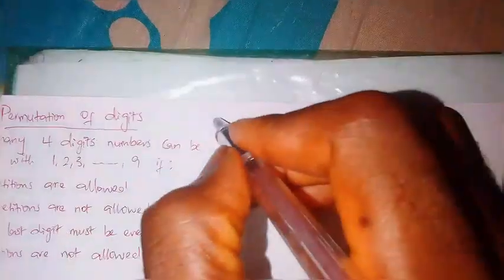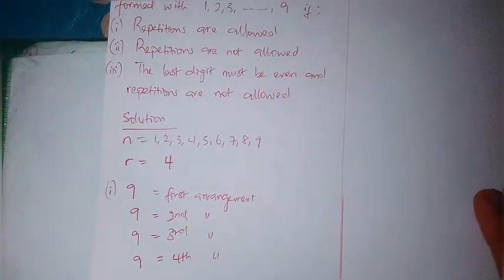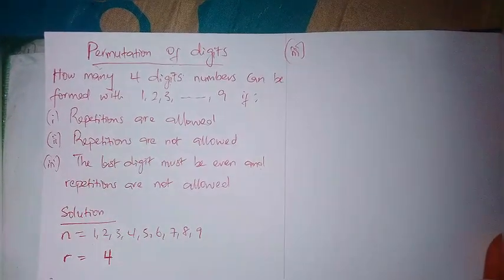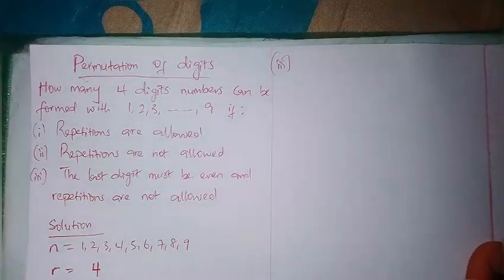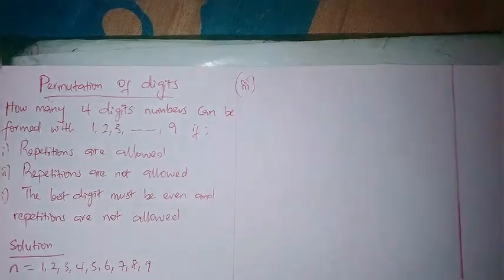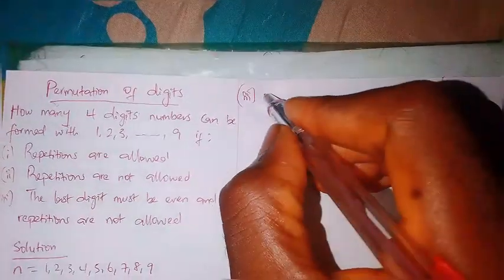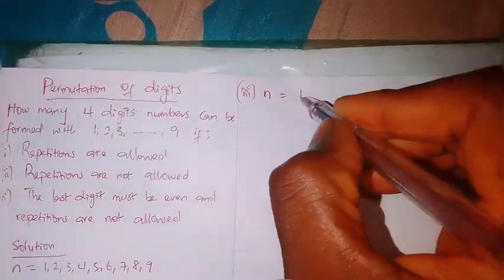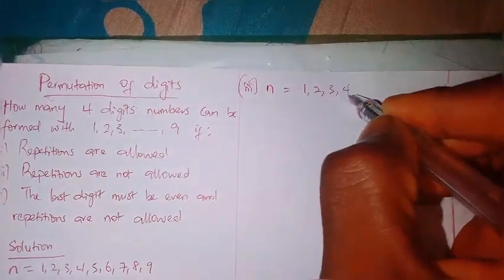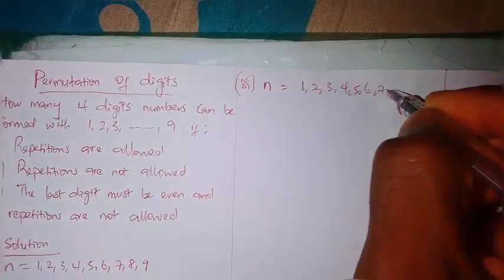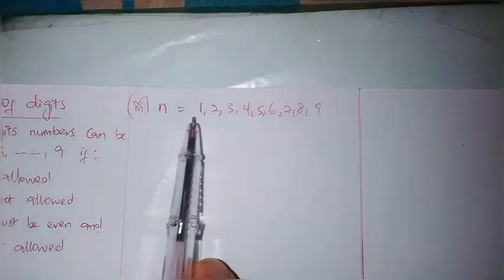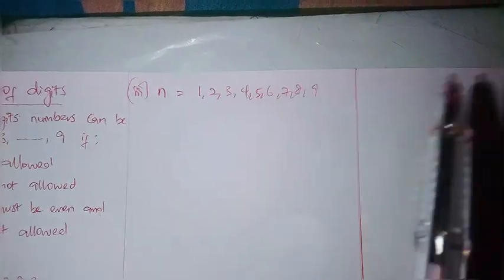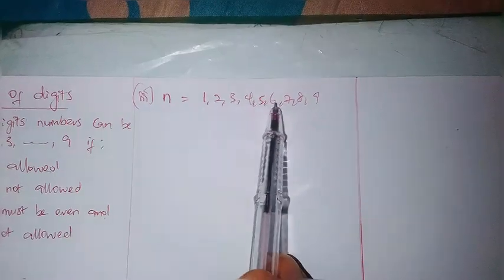The number 3 question. What do we have? They said the last digit must be even and repetitions are not allowed. Now looking at our total number of items, which is 1 to 9, amongst these 9 numbers, how many even numbers do we have? 1, 2, 3, 4.